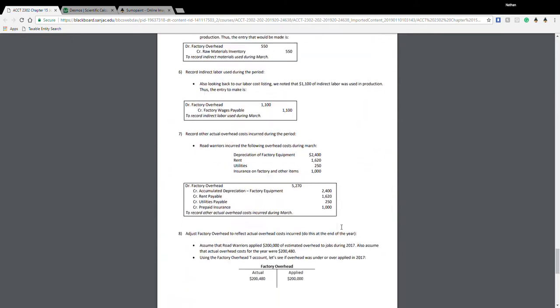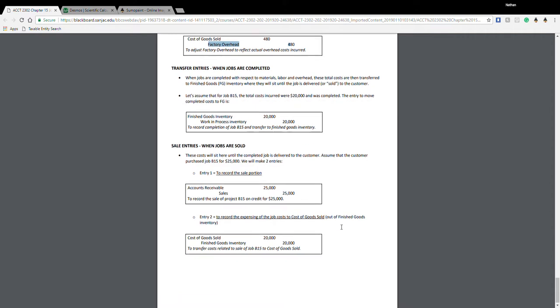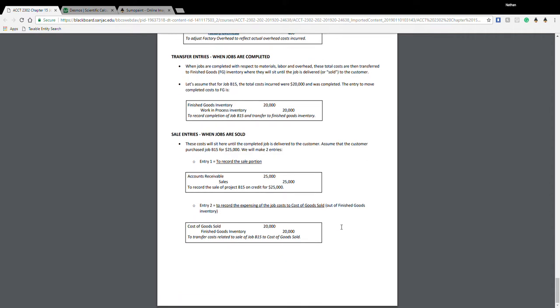So when goods are completed, first off, when we get that final document that says we've done everything, we built it, it's good to go, we're going to move what's in process, so from our WIP account, and we're going to move it to finished goods.